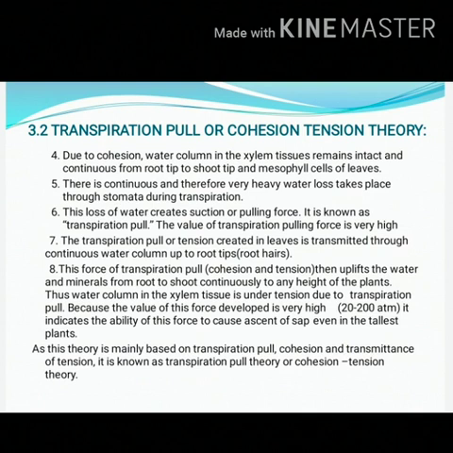Thus, the water column in the xylem tissue is under tension due to transpiration pull, and because the value of this force developed is very high, it indicates the ability of this force to cause ascent of sap even in the tallest plants.